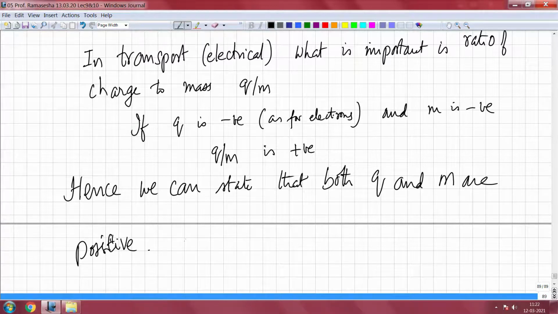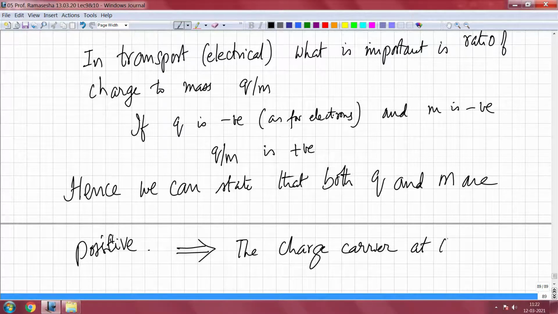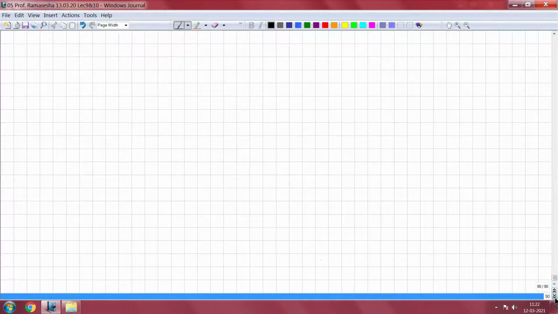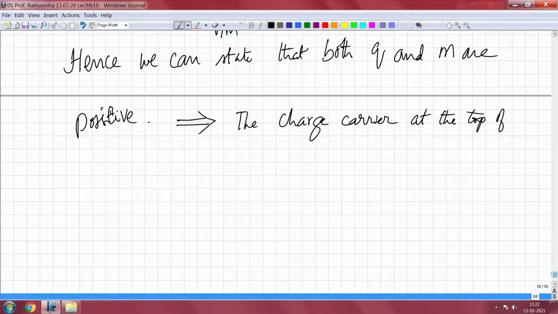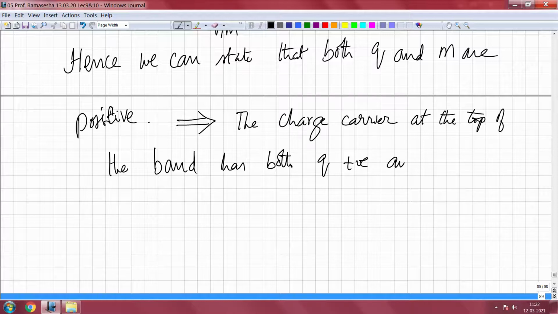So, this implies that the charge carrier at the top of the band has both Q positive and M positive. Whenever a charge carrier has a positive charge, then you call it a hole.